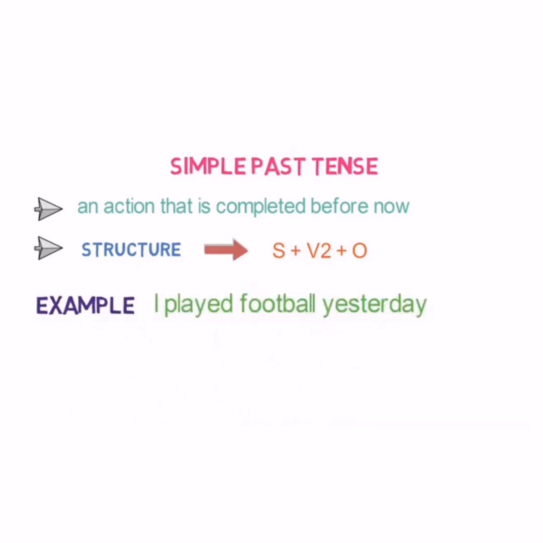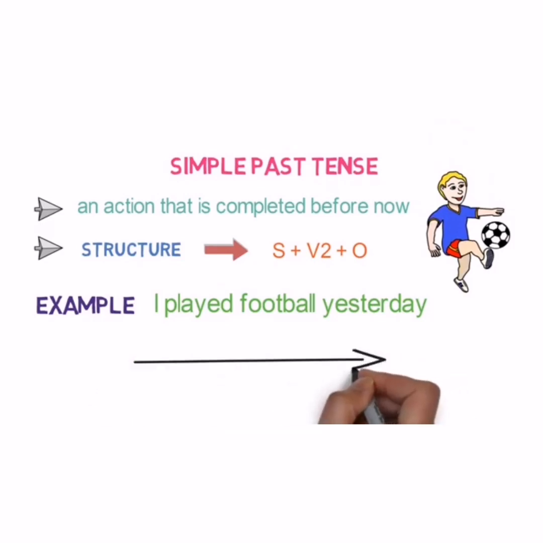Here in this example, I am referring to an action of playing football that is already completed in the past. So in the timeline, it will be somewhere here in the left side, that is past, denoting that the action is completely done in the past.